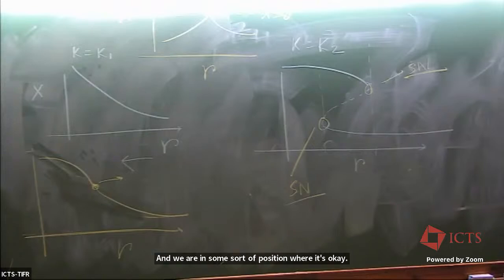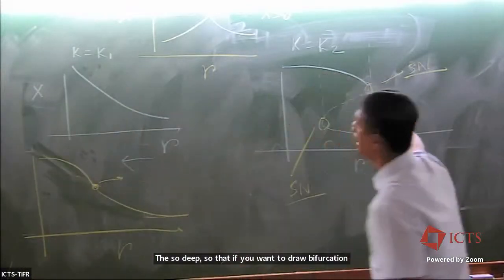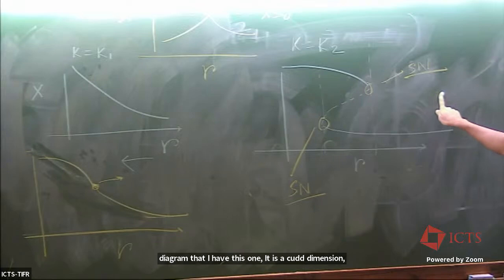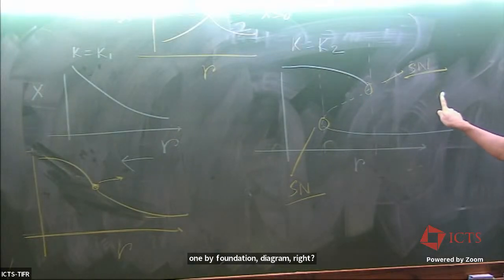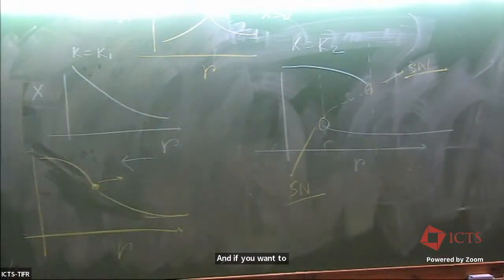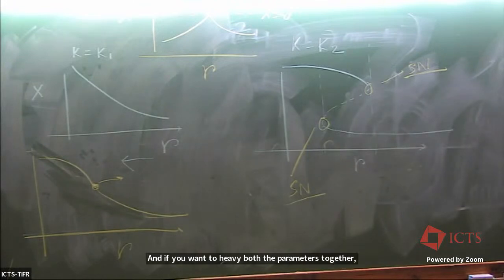If you want to draw the bifurcation diagram, this one is a codimension 1 bifurcation diagram, right? And if you want to vary both the parameters together, then this is my codimension 2 bifurcation diagram, right?